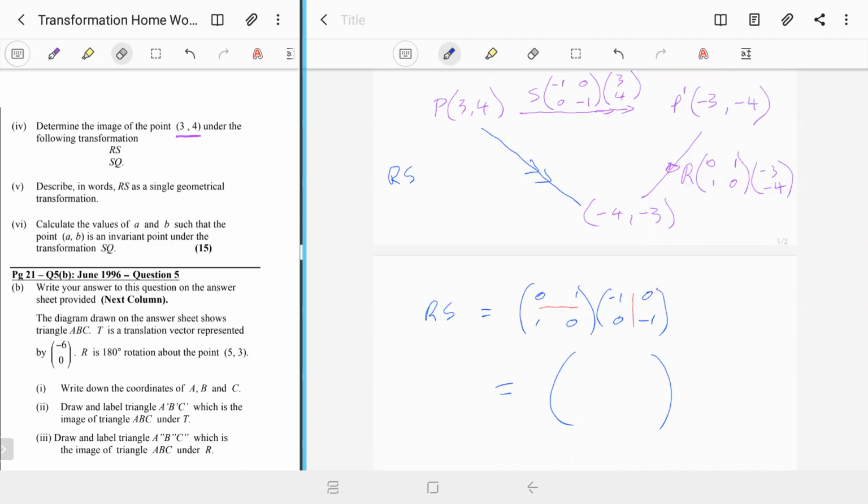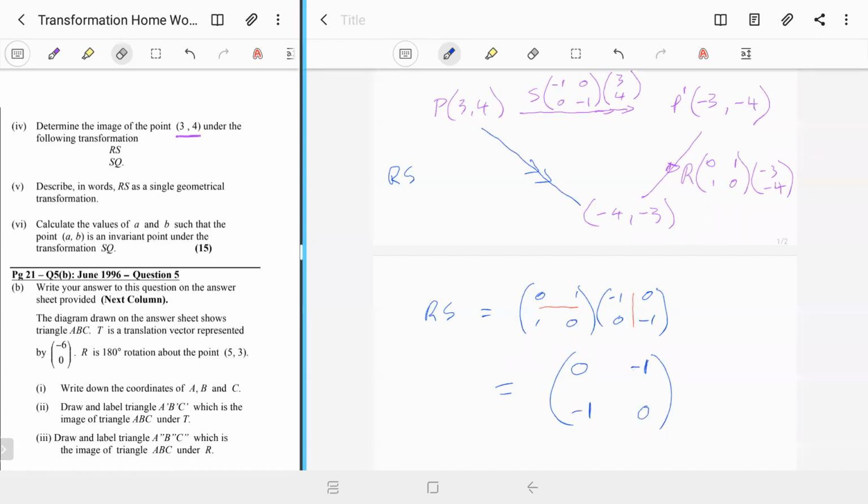See, 0 times -1 plus 1 times 0 is 0, so the first value here is 0. Then the value over here: 0 times 0 is 0, 1 times negative 1 is negative 1. The value down here is row times column: 1 times negative 1 and 0 times 0, so negative 1, as I told you.